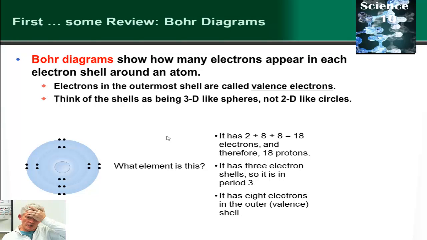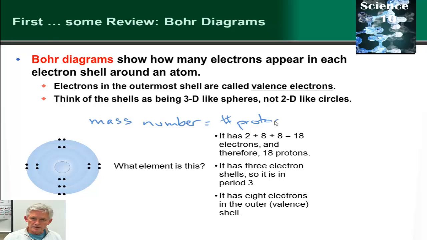Mass number? What the heck is that? I'm going to write down mass number. Mass number is equal to, do you remember? Number of protons plus number of neutrons. So in this particular case, we have just said that we have 18 protons.